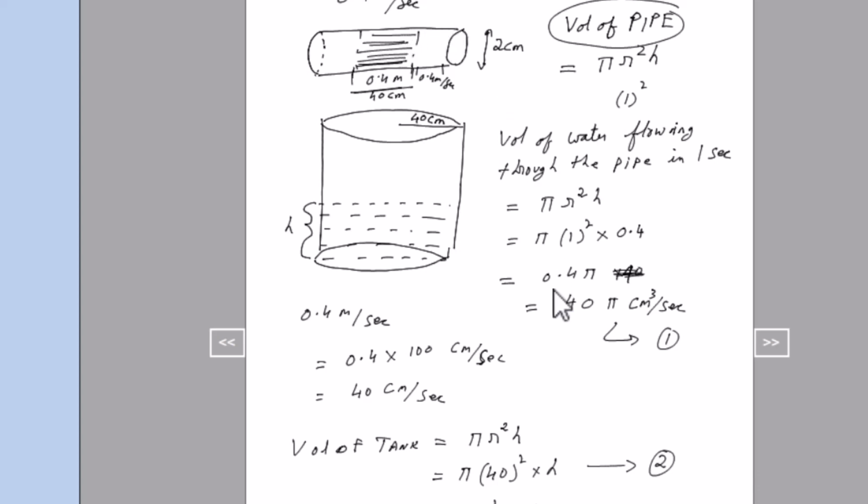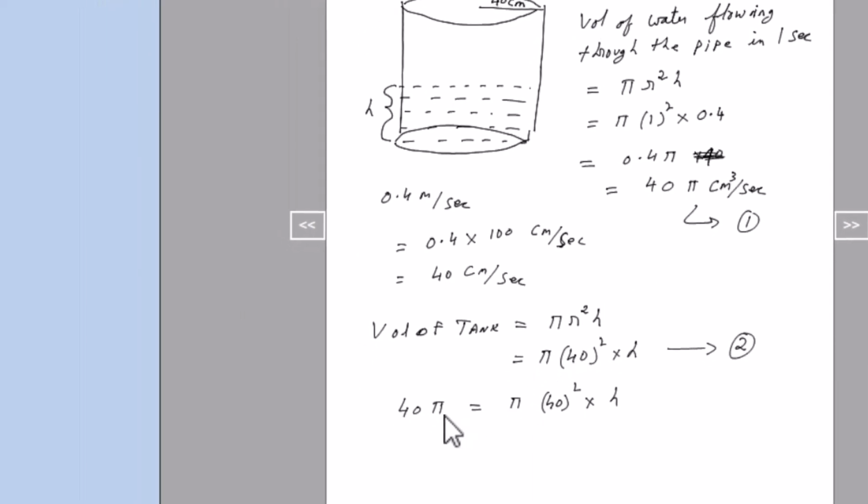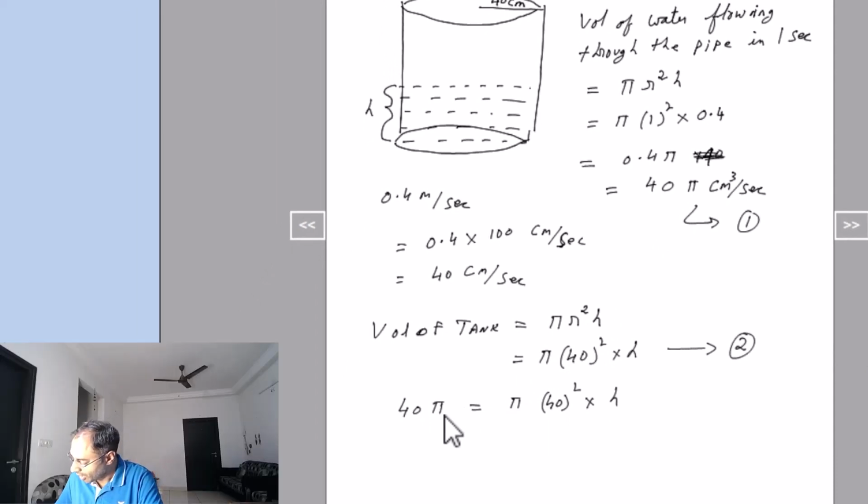So for every second, we have 40 pi water flowing through this pipe, right? So if we have to convert this into 30 minutes, in 1 second it is 40 pi. In every second, we have 40 pi centimeter cube of water flowing through the pipe.